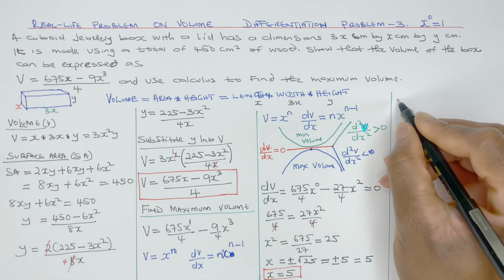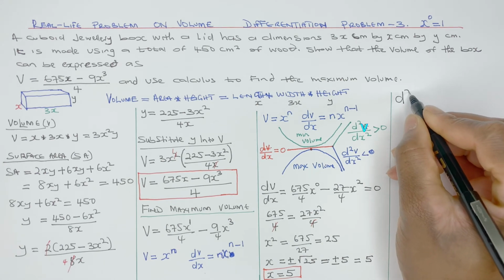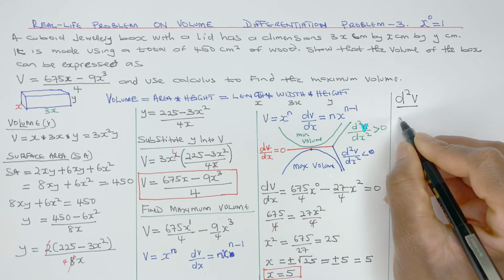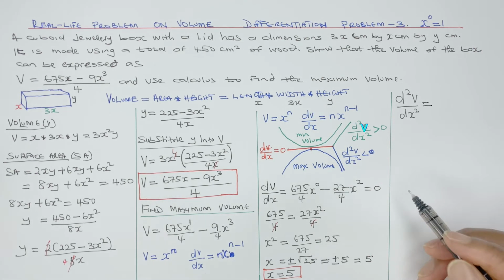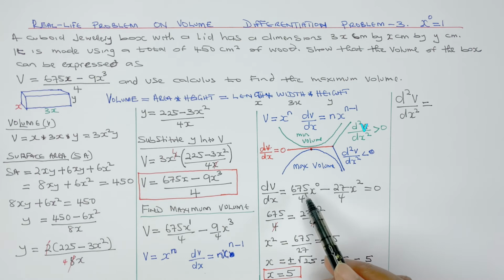Now we need to find the d2V/dx squared, and that will be equal to, so we're differentiating that now.